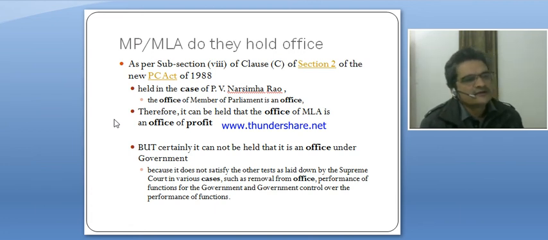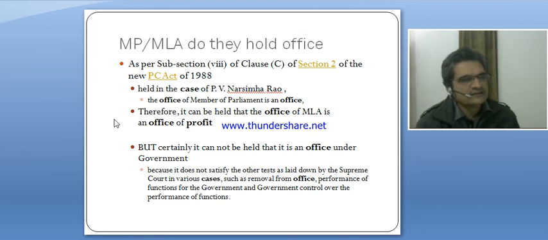In his case, under the Prevention of Corruption Act, as you know, there was a criminal charge sheet against him after he had left the office of Prime Minister. And in that case, an interpretation was made that the office of MLA holds an office. So, under the PC Act, the public office, a person who holds the public office, it was declared that MP, MLA also holds a public office.